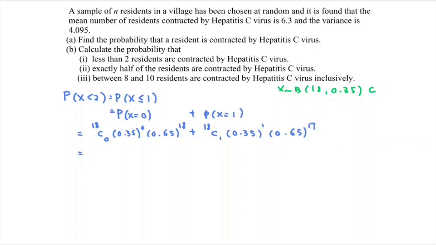So by referring to the calculator, here we will have 0.00043 plus 0.00416. If we sum up the situation, we will have the probability that X is less than 2 will be equal to 0.000459.